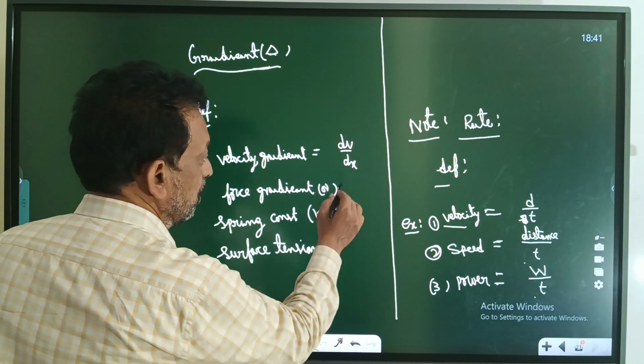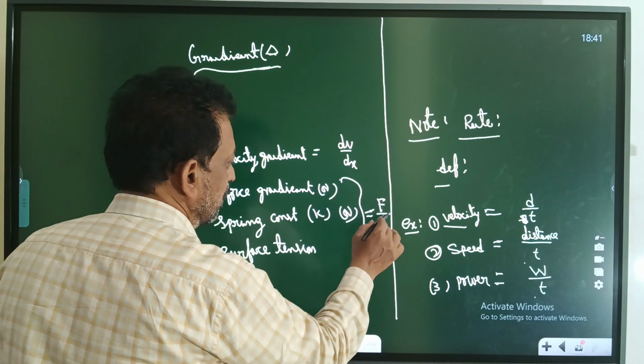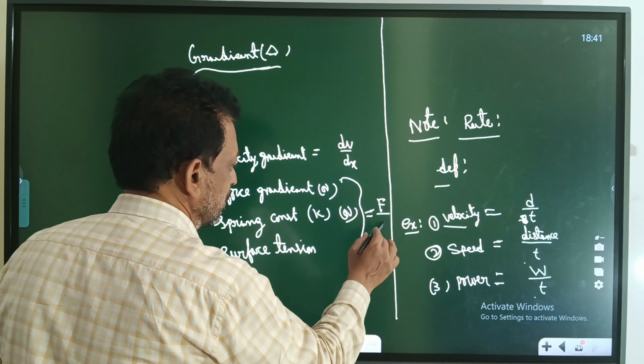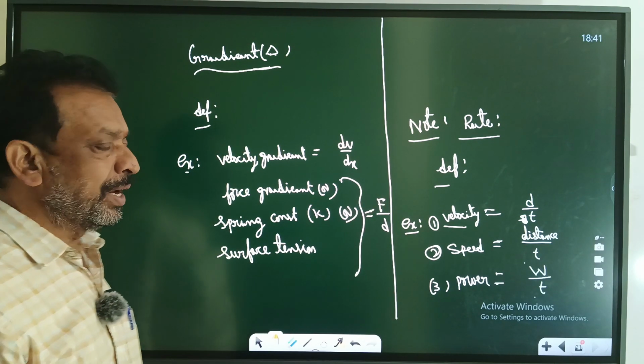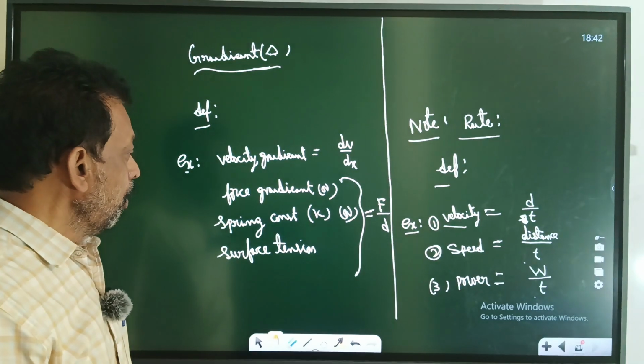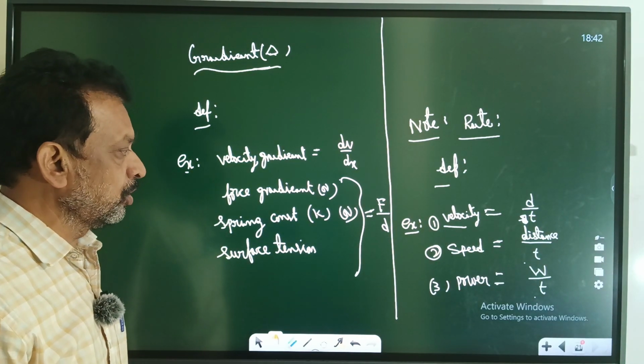So generally all are having what? Force by length, or force by distance. So force by length, or force by distance, is what? Force gradient, spring constant, surface tension. Okay, now understood all.